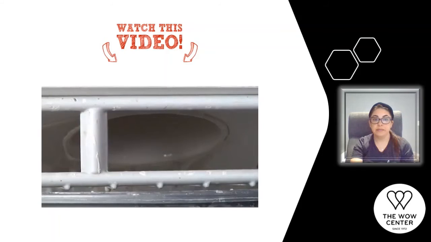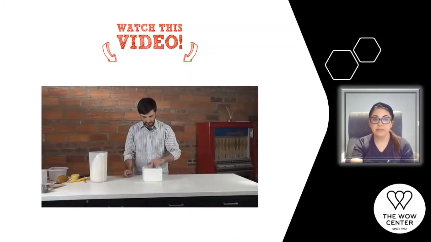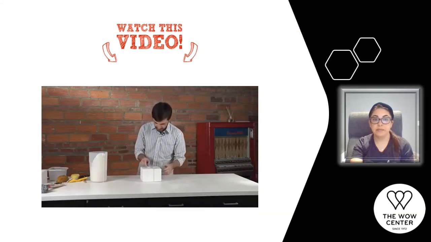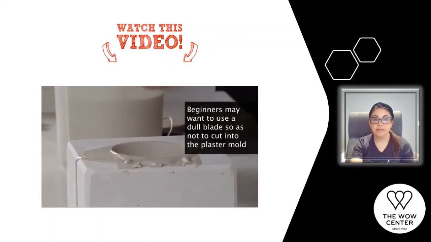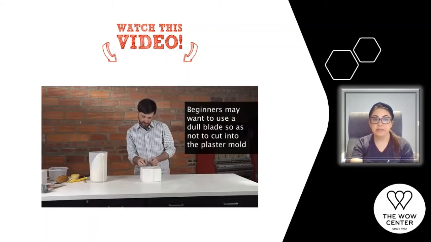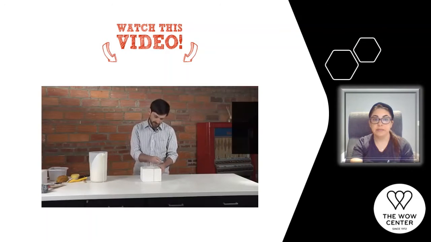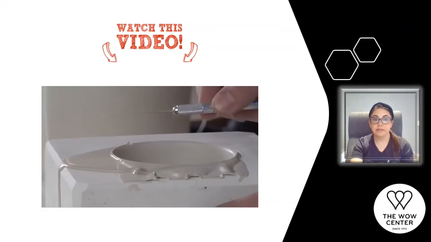All the slip's poured out, it's stopped dripping, the interior of our cup form is dry, so I'm going to go ahead and just cut this excess material off the top with my razor knife. And I'll slice it all the way around and use the top of the plaster as a guide, but I don't go completely perpendicular to the shape of my form.